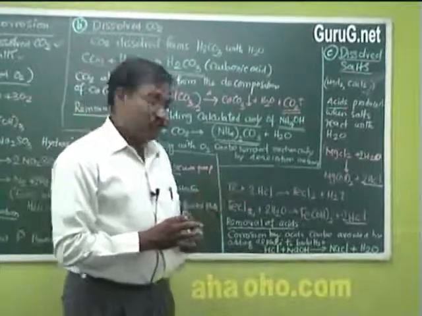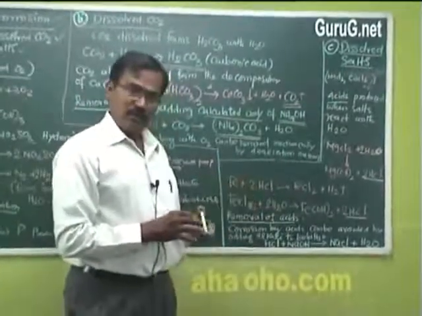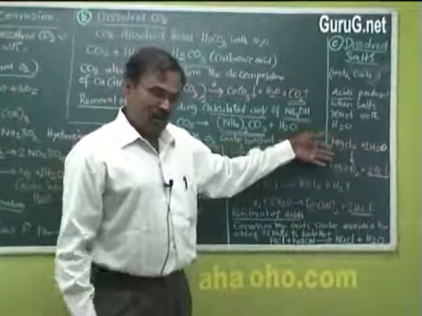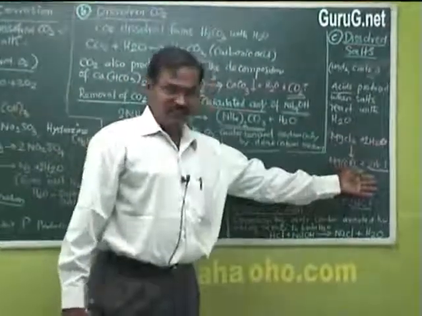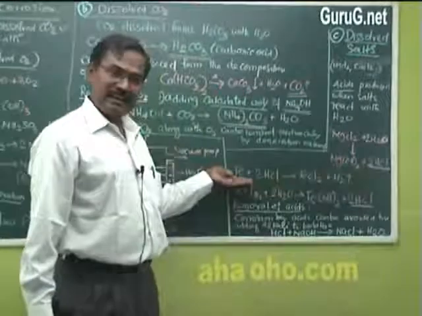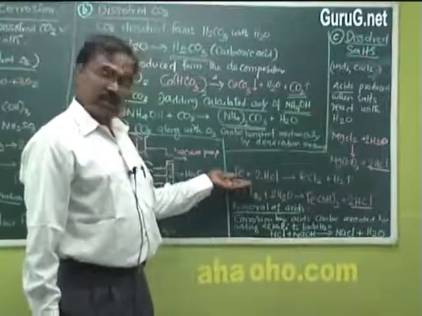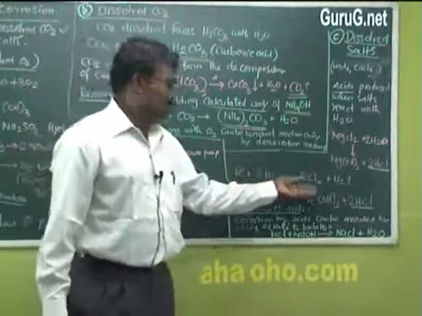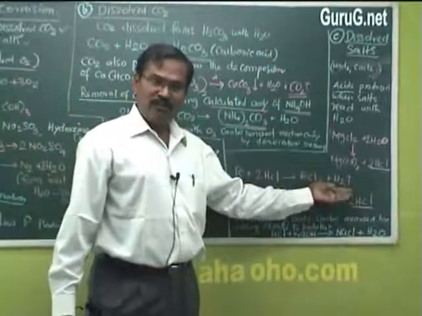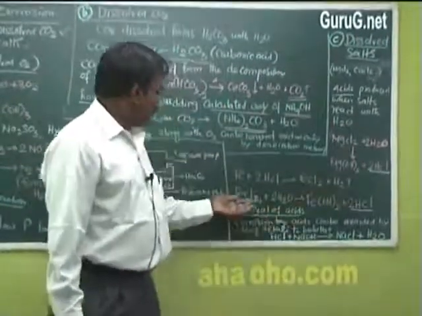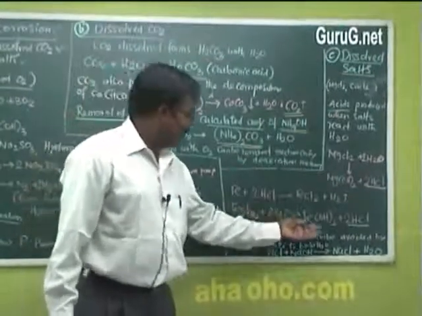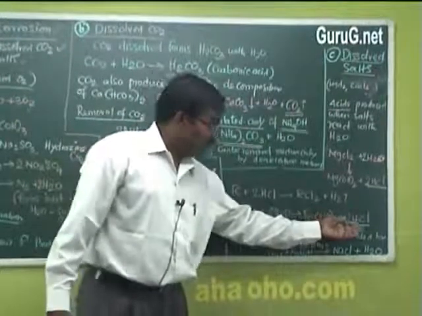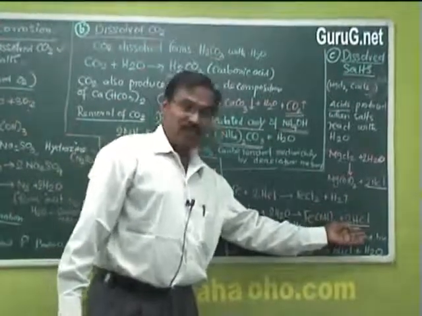forming ferrous chloride. Magnesium chloride undergoes hydrolysis to give hydrochloric acid. That hydrochloric acid reacting with the metal of the boiler forms FeCl2 with the removal of hydrogen. So FeCl2 getting dissolved in water forms Fe(OH)2 with the production of again hydrochloric acid.